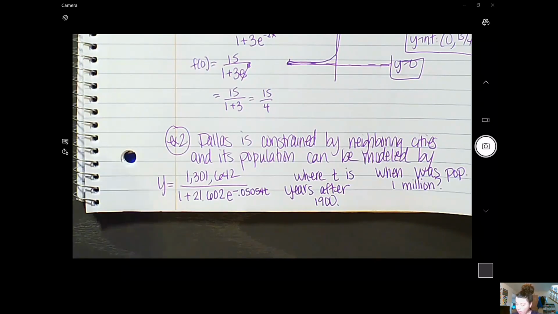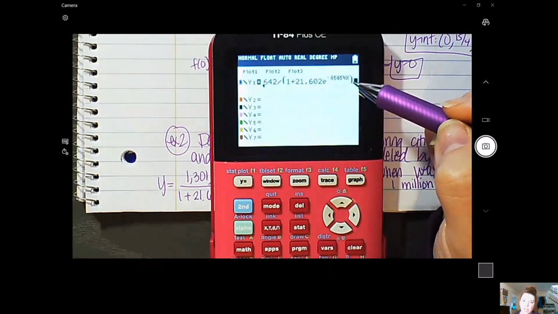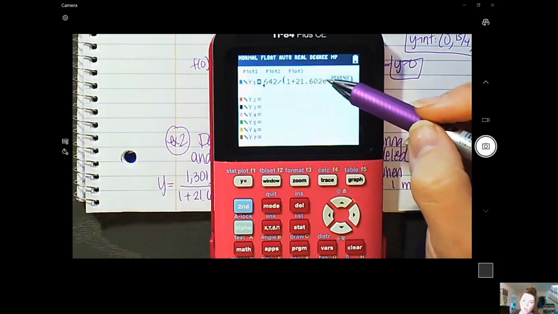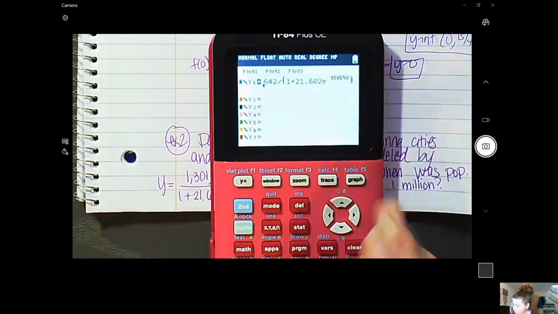All right, I'm going to type this equation into my calculator. When I typed it in, obviously I couldn't use a t, so I used x. Make sure that you put the negative because this will be a totally different equation if it's not a negative exponent up here.